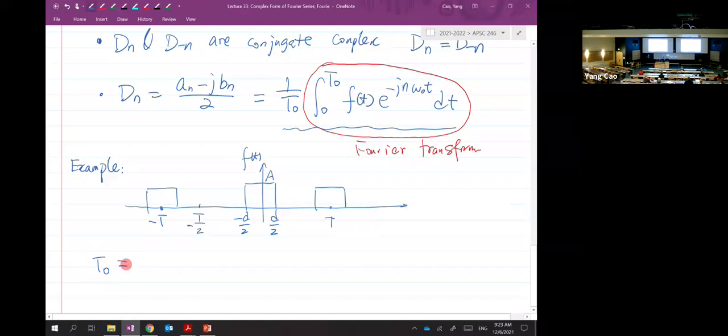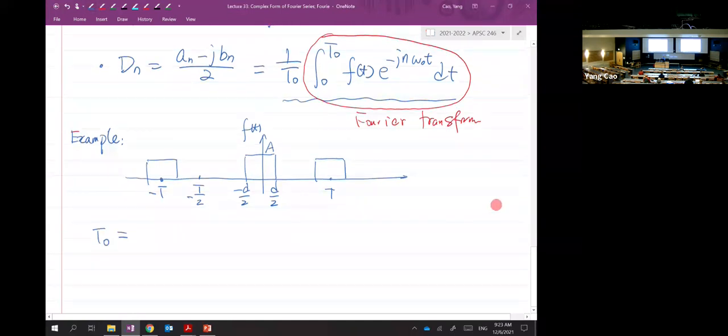As I suggested, you can start anywhere and go to the right until it starts to repeat itself. Then the distance you traveled along the t-axis is the period. And in this case, it's pretty obvious. If you start here, or anywhere here or here, it doesn't matter.